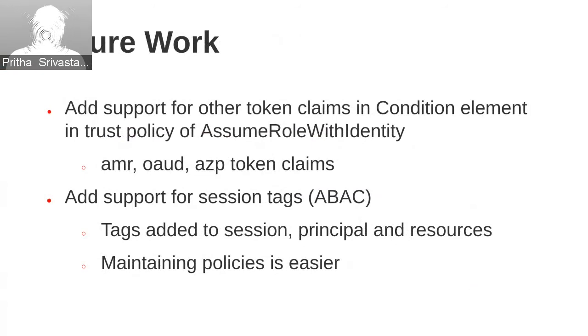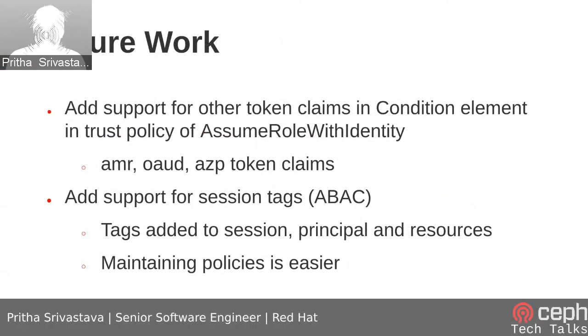On the other hand, if we make use of ABAC, attribute-based access control, then tags can be attached to session, principal, and resources. And if the system administrator wants to add more resources under a role, then only tags need to be attached to that new resource, and automatically that resource will come under the purview of that role. So this allows maintaining policies to be much easier.